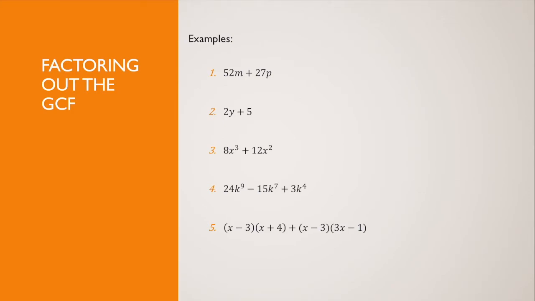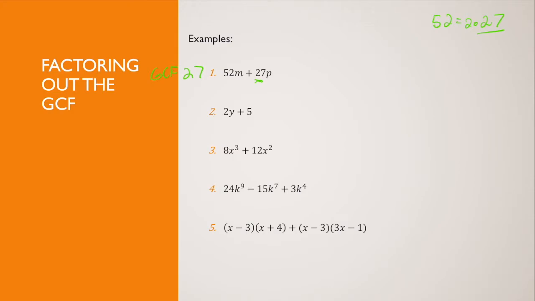So for problem 1, I have 52m plus 27p. 52 is 2 times 27, and I've got a 27 here, so the greatest common factor is going to be 27. I'm going to write the greatest common factors on the left here.